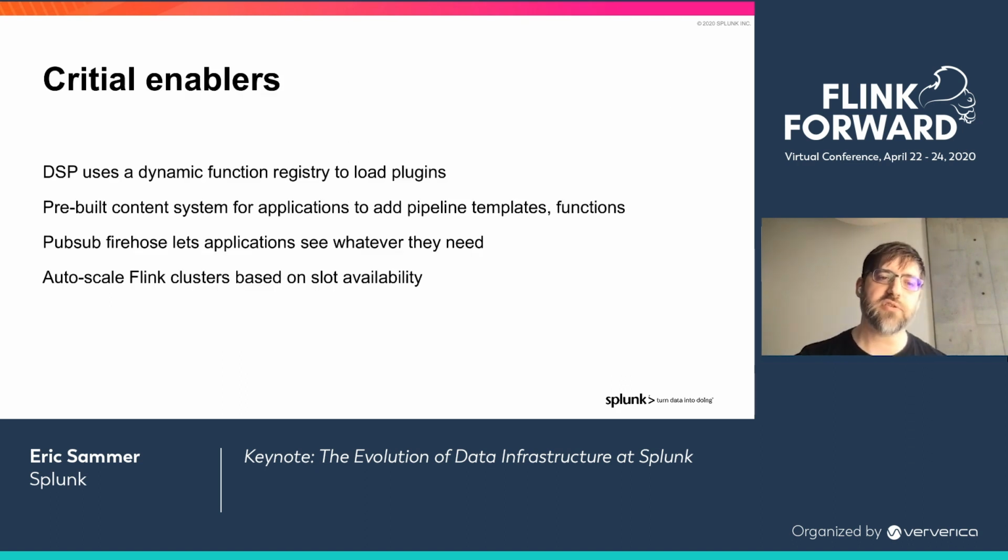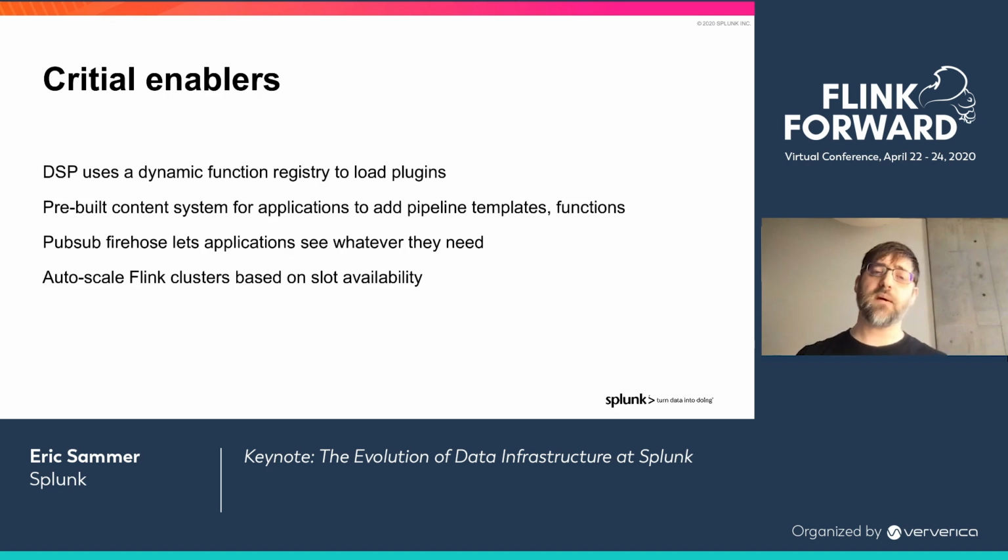So there's a couple of critical enablers here. That dynamic function registry to load application plugins has been huge. I think this is even better with stateful functions. We have tons of pre-built content that lets application developers push things like pre-built pipelines and new functions into the process.